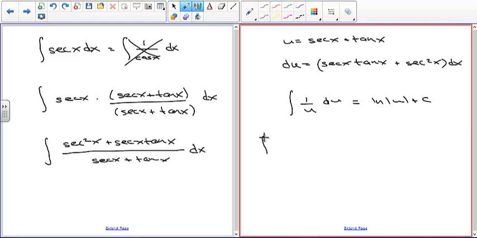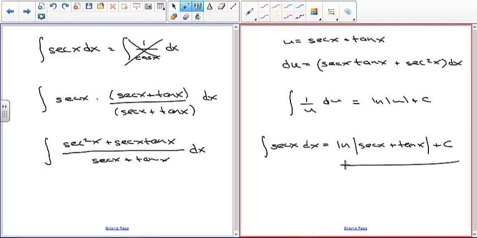So the integral of the secant of x dx is equal to the natural log of the absolute value of secant x plus tangent x, plus c. That's another one that you'll find in your tables, the integral of the secant.